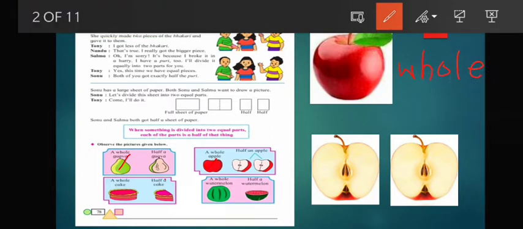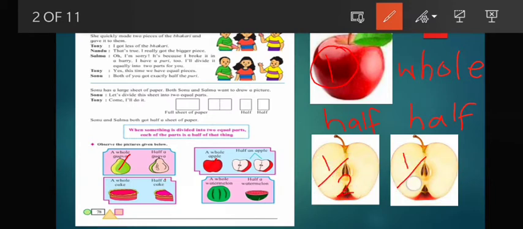When the object is not cut, it is a whole, but when you cut it, you get half. This is the half part. This is one part, and these are half parts.